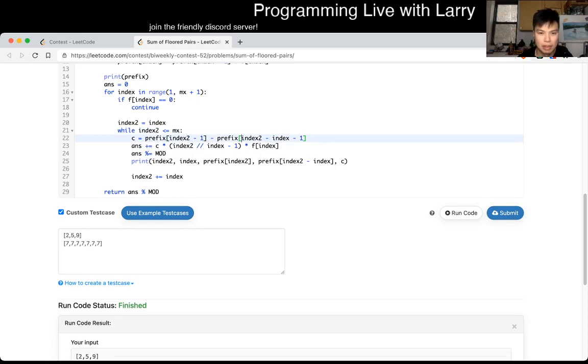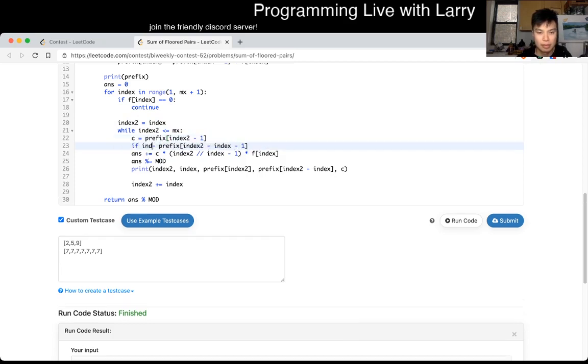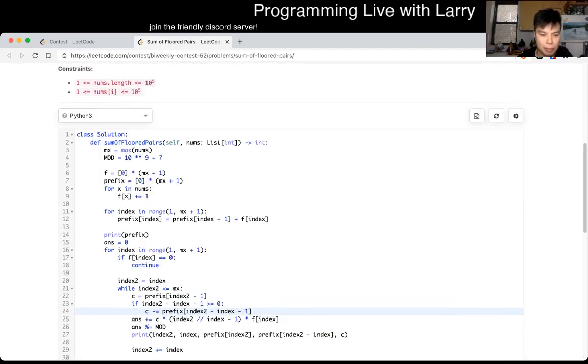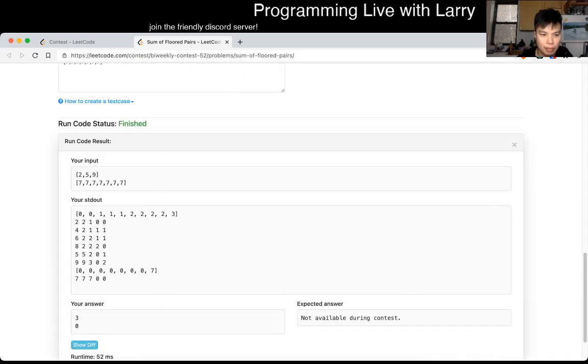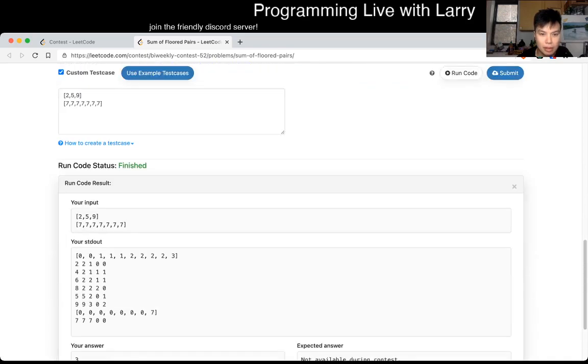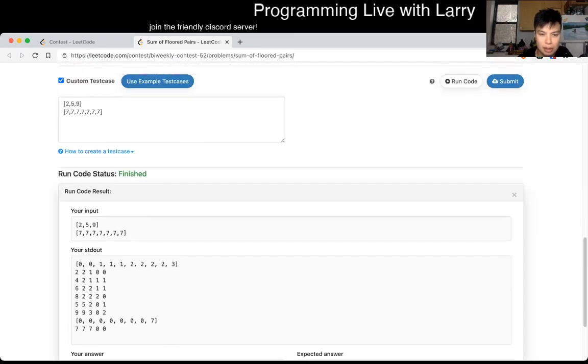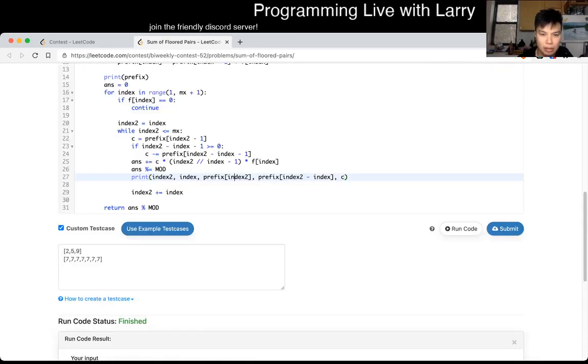This could be -1, so we should. So index is 7. Let's see. Why is C?